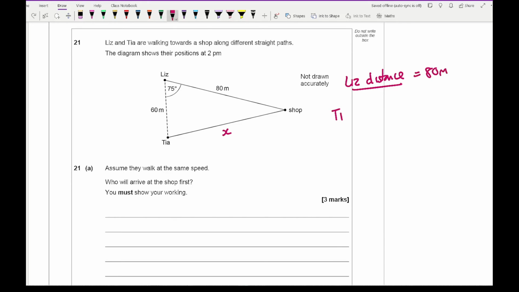So to work out Tia's, that's going to equal x, and that is going to be the cosine rule. So I've got x squared equals, and then if I label this as b, this is capital A, so that's going to be lower a, and this is going to be c. So I have 60 squared plus 80 squared minus 2 times 80 times 60, should be the other way around, but actually, we do care, so let's put that in order.